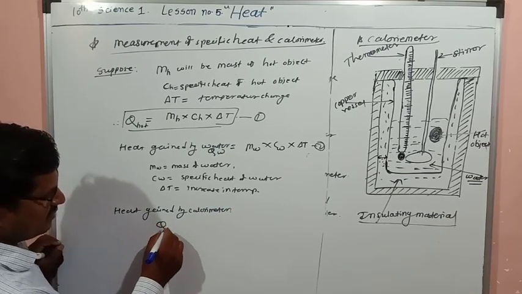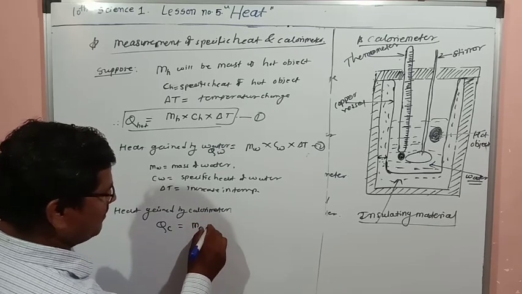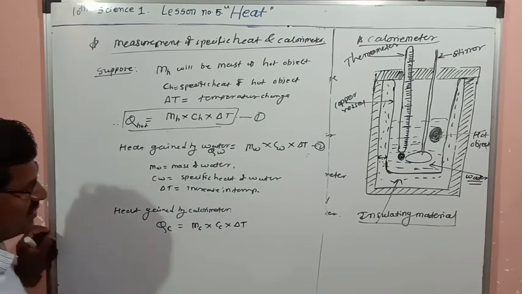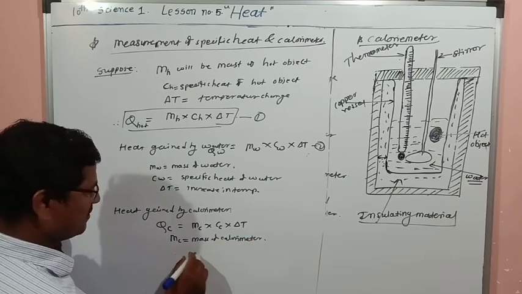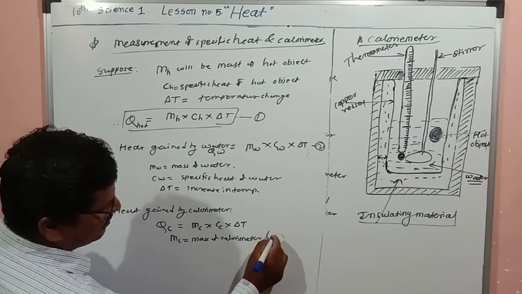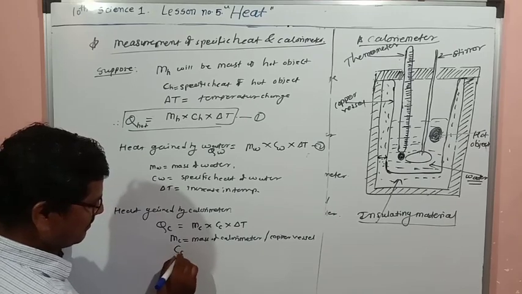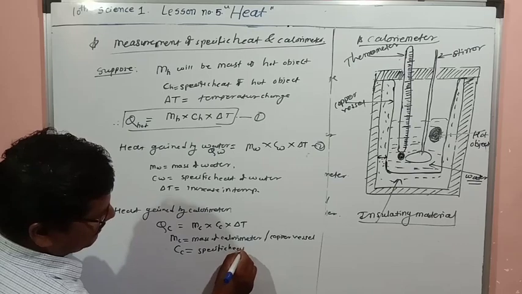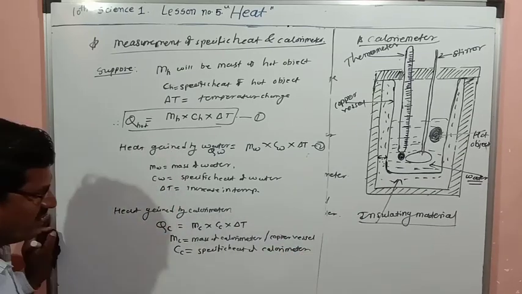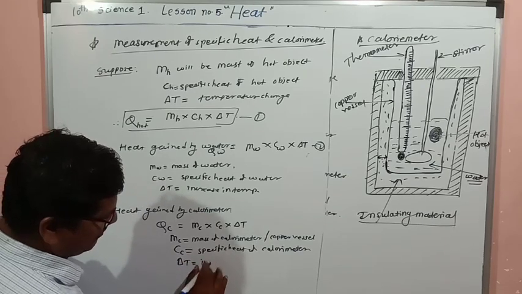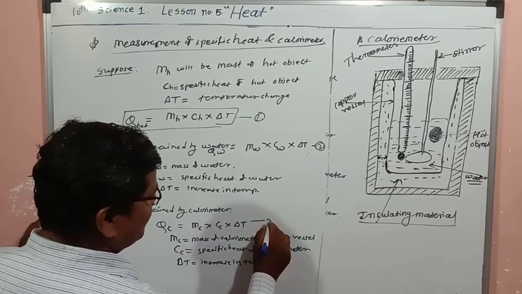So here you can take QC is equal to MC multiplied by CC multiplied by delta T. So MC is the mass of the calorimeter, that is the copper vessel inside, CC is the specific heat of the calorimeter, the specific heat of copper, and the next one is delta T, the increase in temperature. Suppose this one is equation number 3.